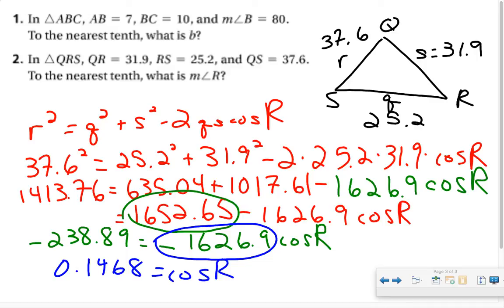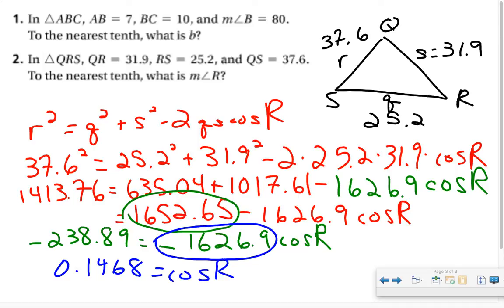Remember that I have told you that the fewer times you clear your calculator, the better off you are. At this point, since I'm trying to find the measure of an angle, remember what we did way back at the beginning of the chapter. We use the inverse function. So if you're using one of my graphing calculators, at the very bottom of the calculator, above the negative sign, you're able to bring up your last answer.